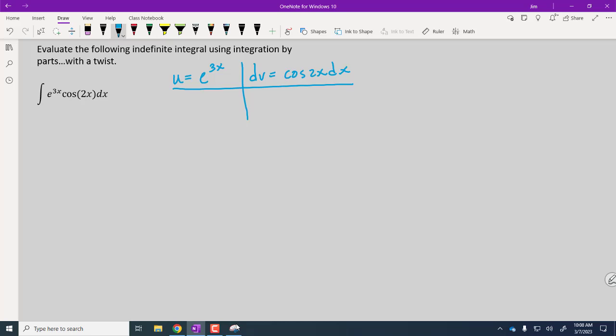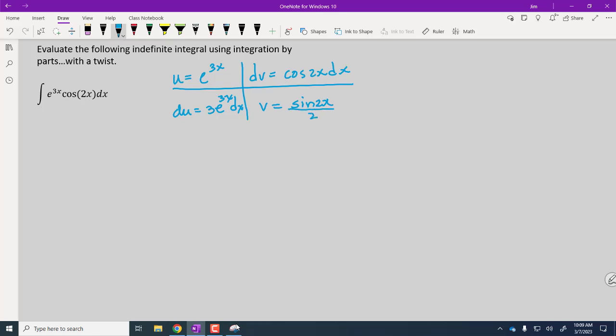So then we'll differentiate. We're going to have du equals 3e to the 3x dx. And when we integrate, we're going to integrate cosine to get sine of the same angle. And then what's the last piece? RCR divided by 2.